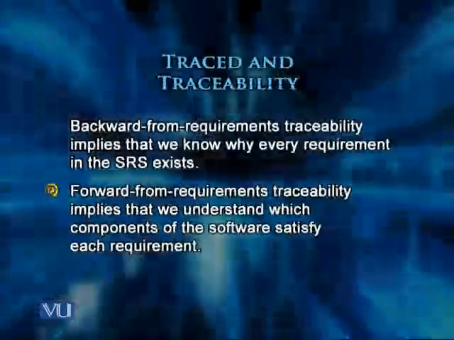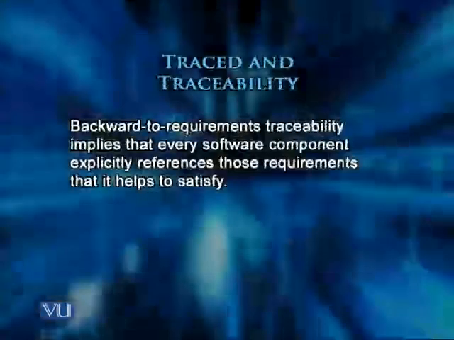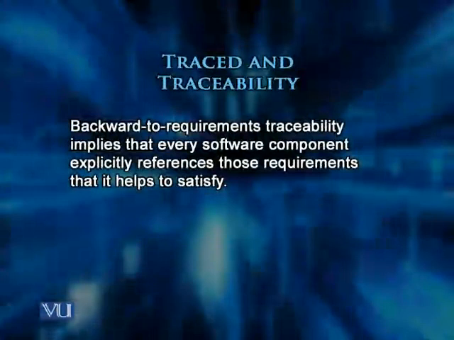Then we have forward from requirements traceability, which implies that we understand which components of the software satisfy each requirement. So if we are at the requirements, we move forward and we know that these requirements are then implemented by which components. Then we have backward to requirements traceability, which implies that every software component explicitly references those requirements that it helps to satisfy.